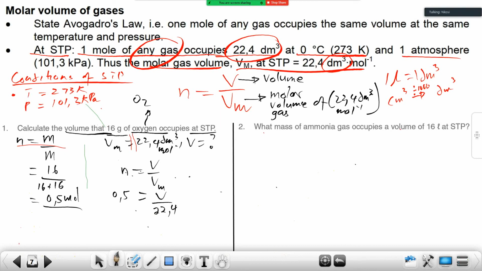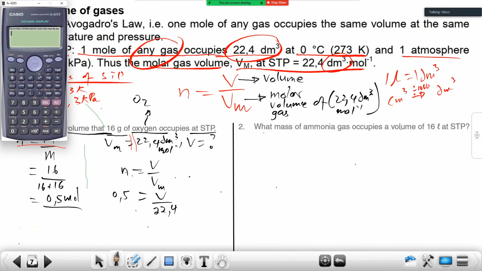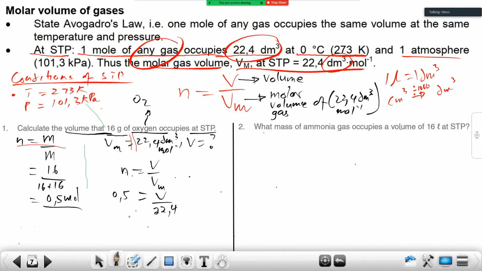Then take the calculator again. This is just 0.5 multiplied by 22.4, which is equal to 11.2. So V is equal to 11.2 decimeter cubed. Very, very easy to do.